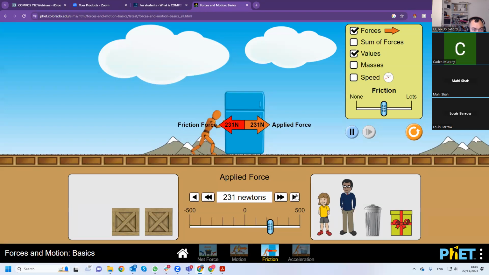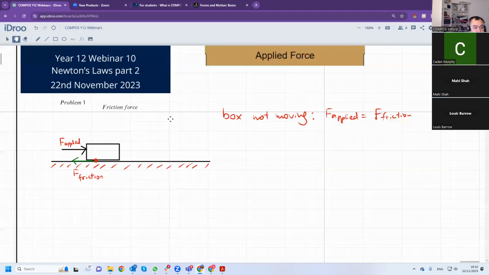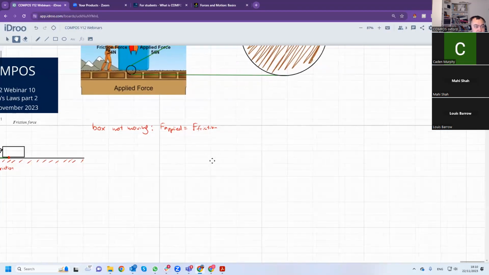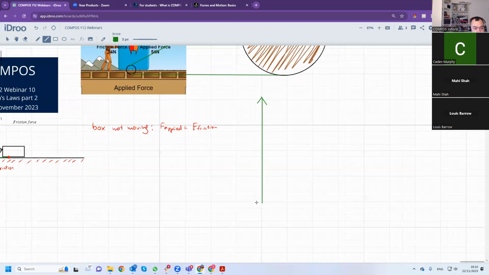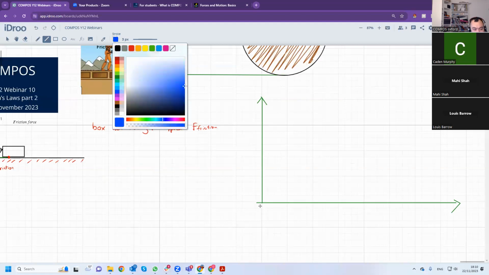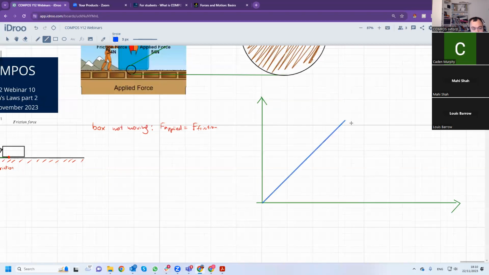So as you can see, up to a certain value, if we were to draw a graph, we would see that the friction force is exactly equal to the applied force.